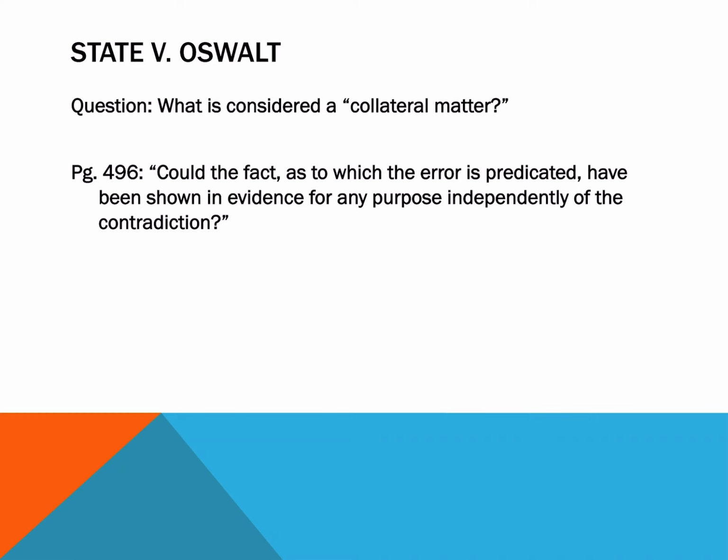And they held that a collateral matter is, could the fact as to which the error is predicated have been shown in evidence for any purpose independently of the contradiction? Meaning, is that evidence that you're bringing in with this impeachment witness something that you could have brought in for any other purpose? Is it relevant to this case other than to impeach? And if yes, then it's not a collateral matter. If no, then it's not something that's relevant to this case other than for impeachment.